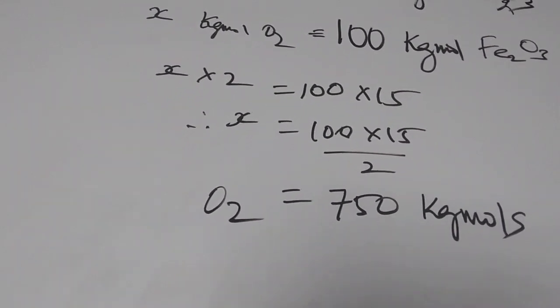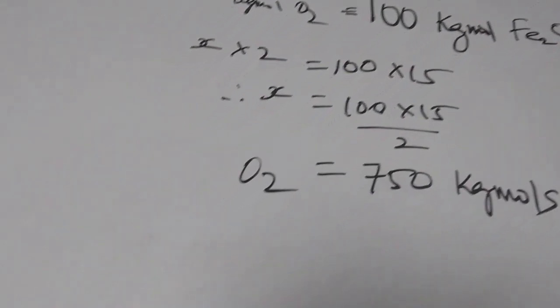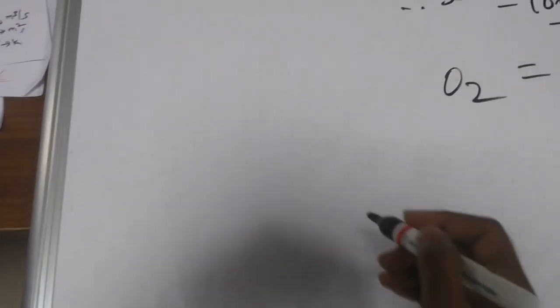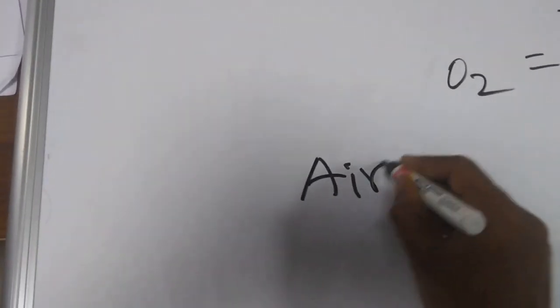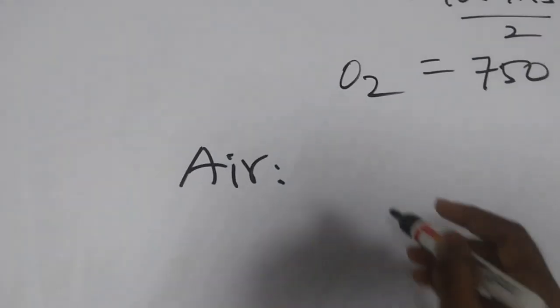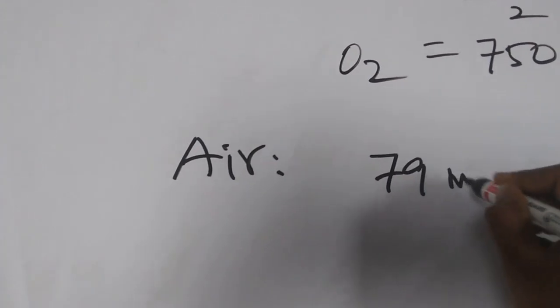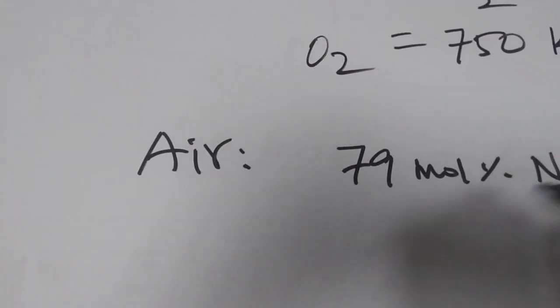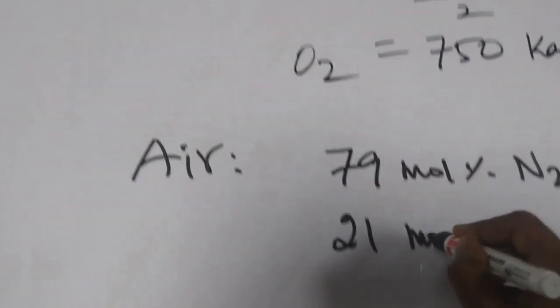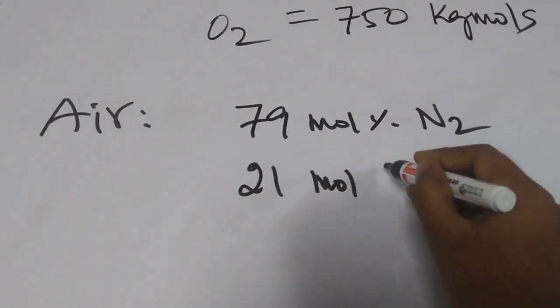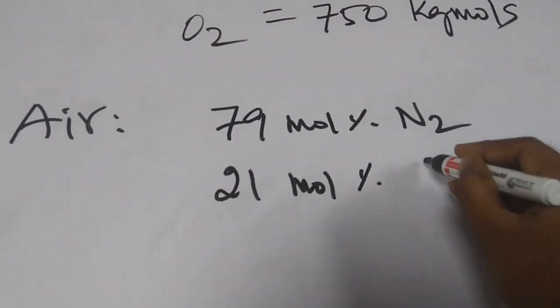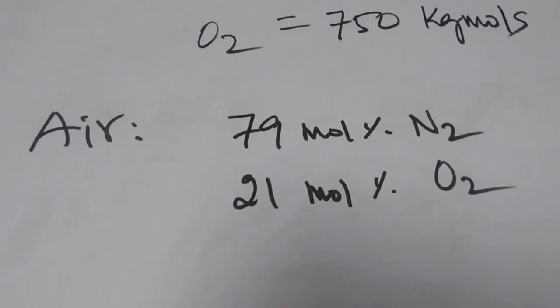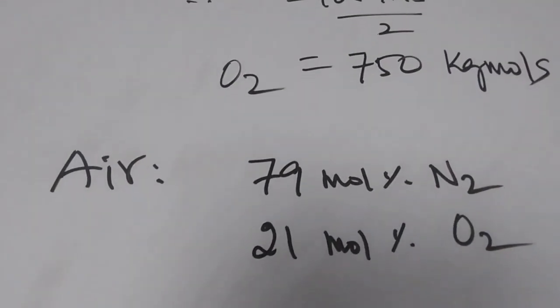Now we have to convert this data into how much air is required. So what is the air composition? We know that air contains 79 mole percent nitrogen, 21 mole percent oxygen. So this is the air composition, right?